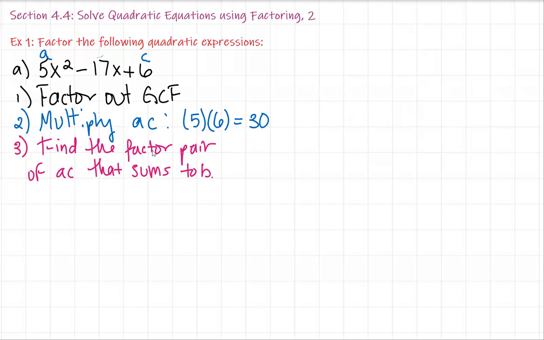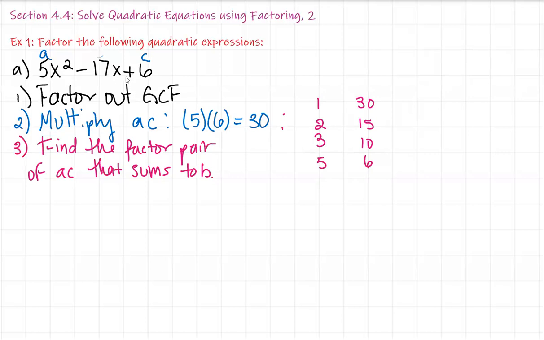So AC is our new C. Instead of just looking at C, we're gonna do A times C and look at factors of that. So 30, let's look at the factors of 30. We have 1 and 30, 2 and 15, 3 and 10, and 5 and 6.